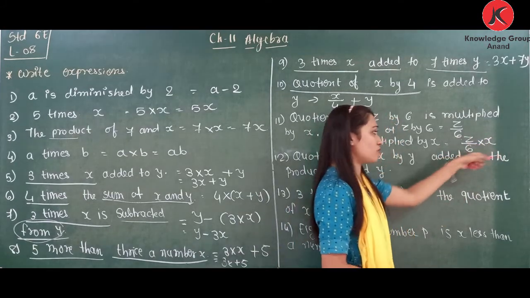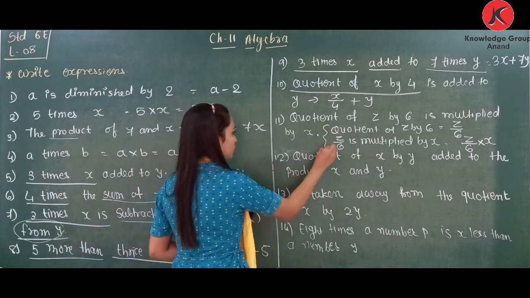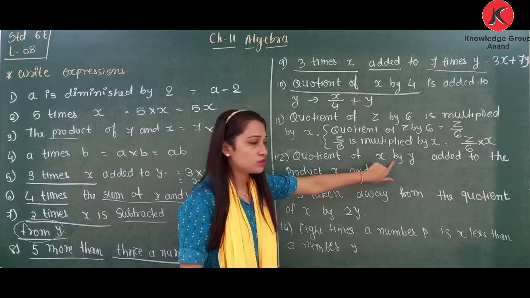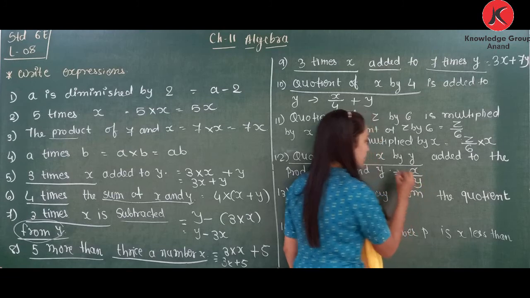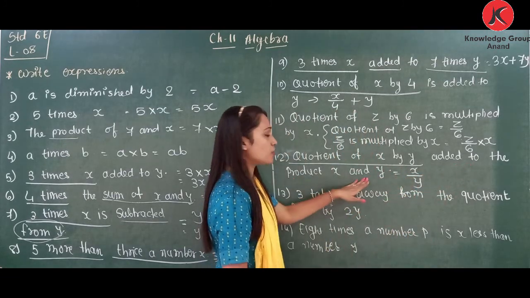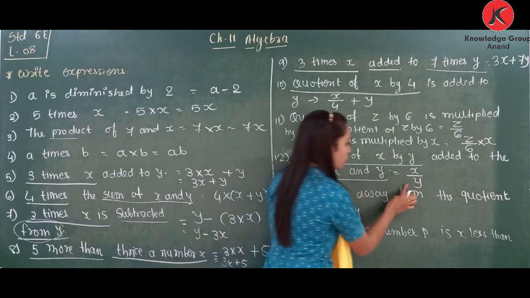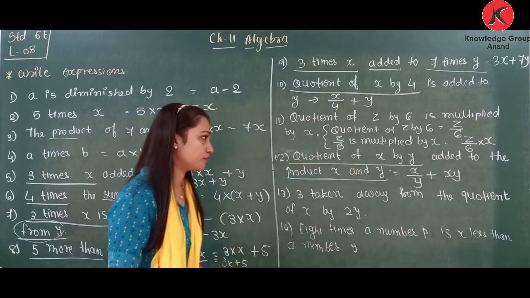You can write zx by 6, then it is also correct. Now next, the quotient of x by y is added to the product of x and y. So this one is added to the product of x and y.